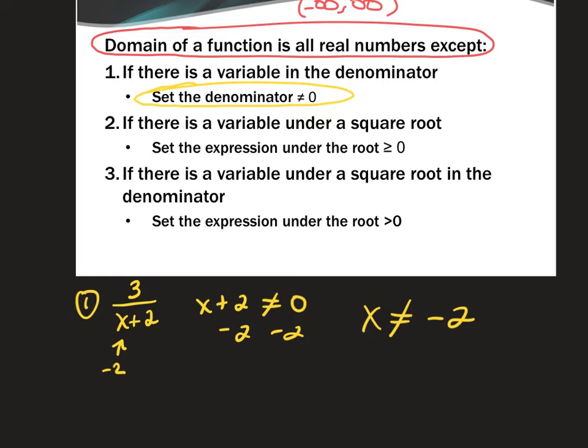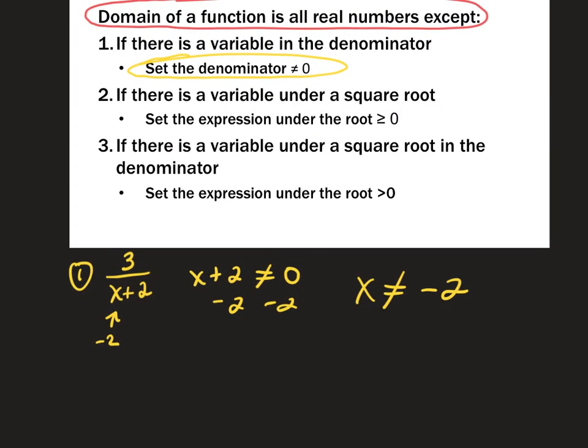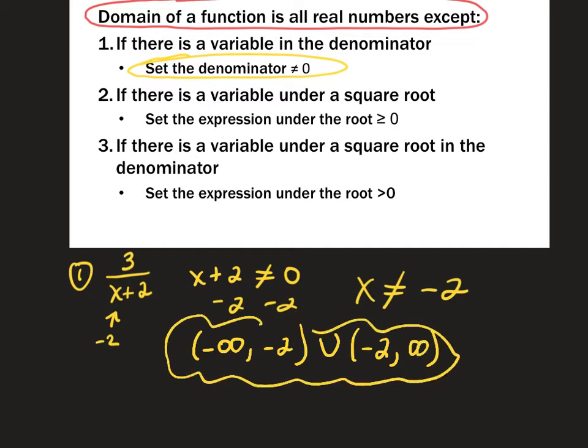No. So you have to figure out what number is going to make the denominator 0, and that's one that doesn't count. So you can use anything from negative infinity to negative 2. Can you use negative 2? No. So I have a parenthesis. Union negative 2 to infinity. That's the way in interval notation you would tell me I can use anything in the world except for negative 2.